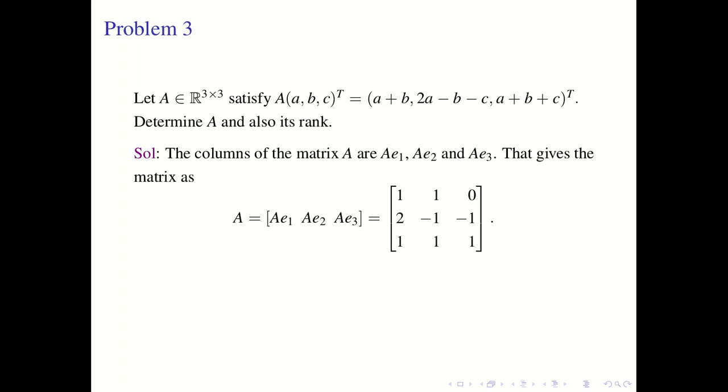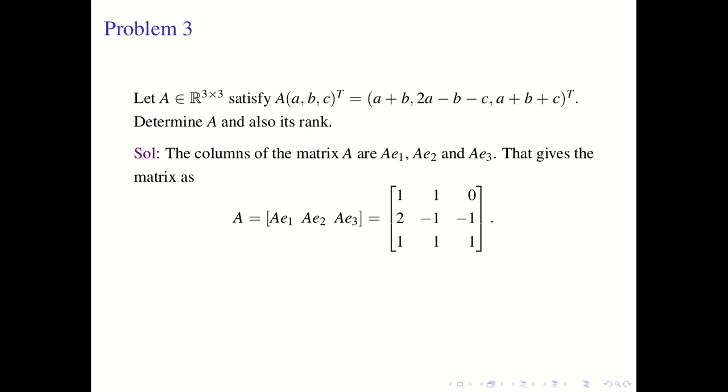First of all, we use the information discussed in one of the lectures, that the columns of A are Ae1, Ae2 and Ae3. To find the first column, put a equal to 1, b equal to 0 and c equal to 0.